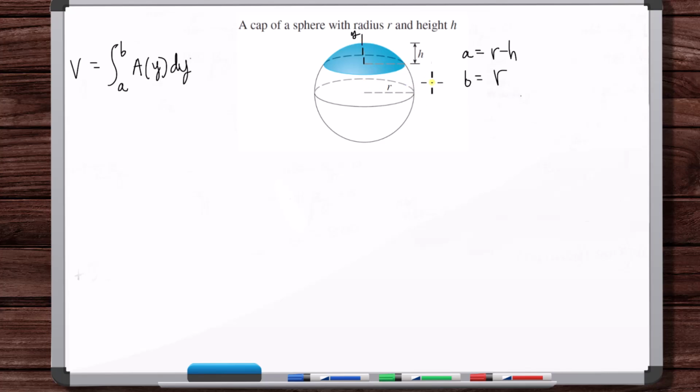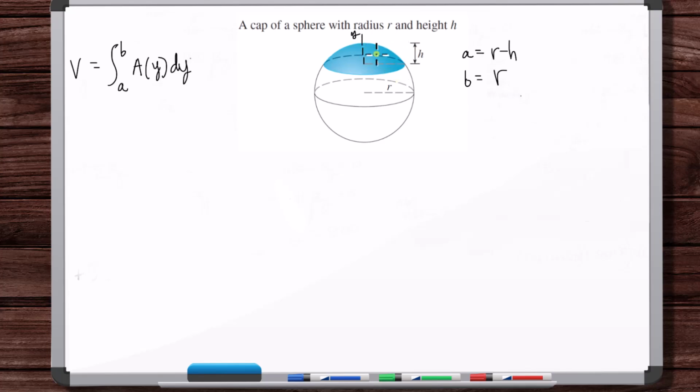Okay? And so how can we get a general formula for this? We'll call the cross-section radius R star again. R star is going to start at this value and then end at 0.